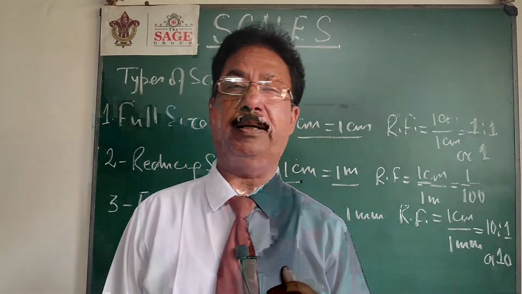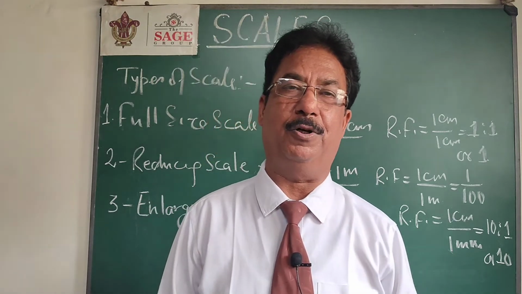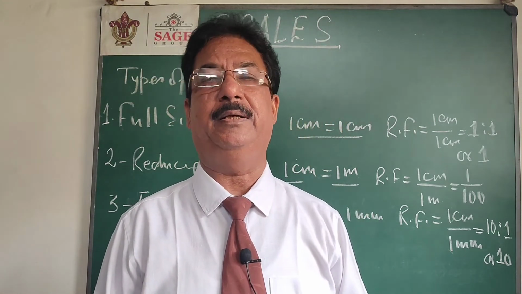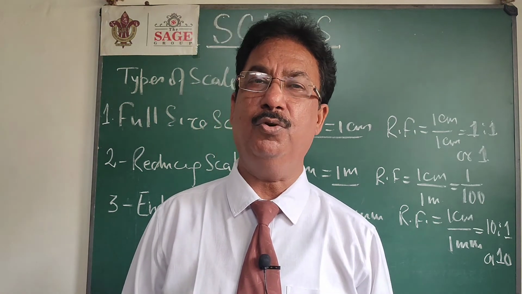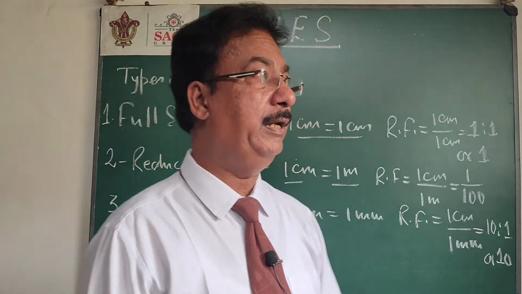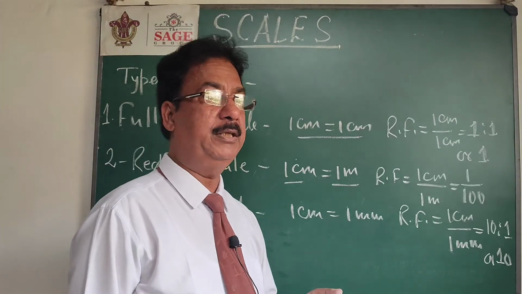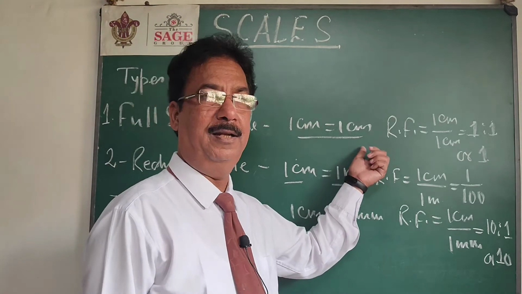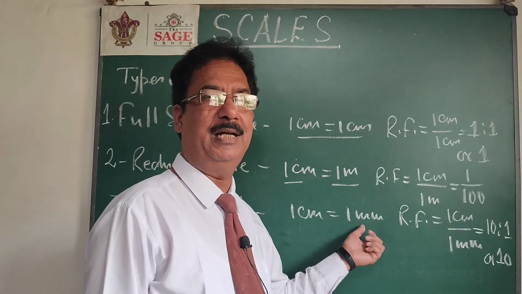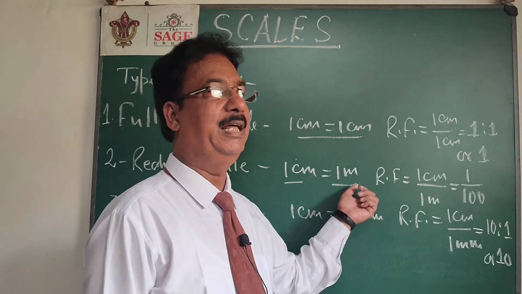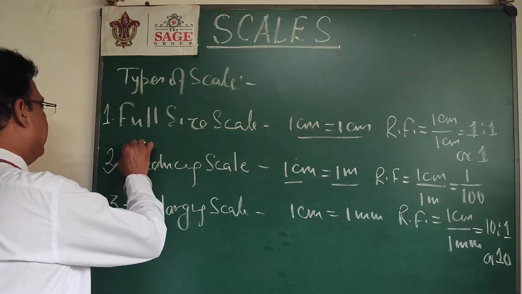The scale we are using from the beginning, that will be in our compass box or in our mini drafter, that is actually a full size scale, and its RF will be 1 is to 1. But if I talk about civil engineers, they cannot use full size scale, and there is no way possible that they can use enlarging scale. They will always use reducing scale.